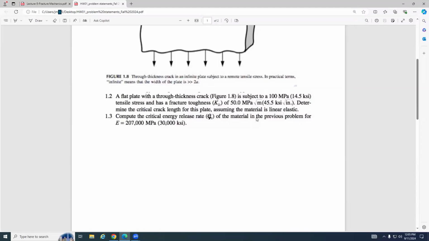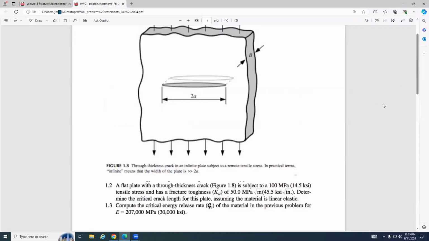So the KI critical. We know that is KI, and KI for the through thickness crack is calculated as sigma times the square root of pi a.